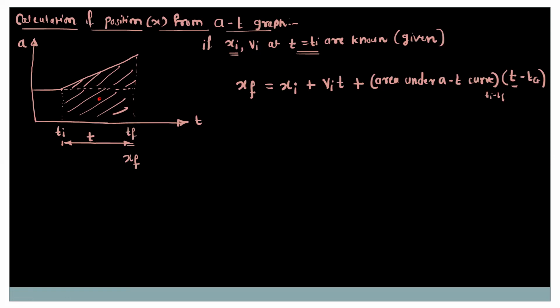So this is the position of that centroid. Then we have to measure the distance of that centroid with respect to this initial time. Okay. So this distance, it will become the Tg. That is the distance of centroid with the initial time. So this is the Tg. Then difference between final time and the initial time, this is the T. So we have to multiply this area by this difference T minus Tg.